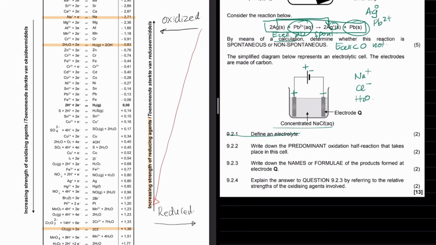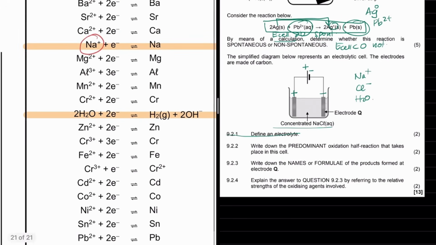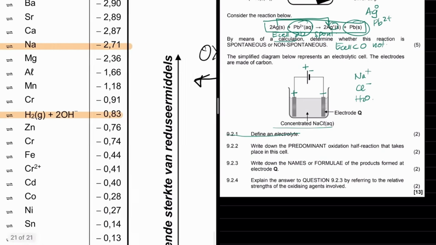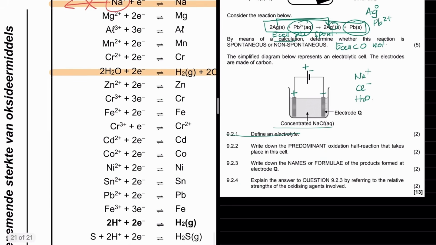So I'm going to go through each one and we're going to see, can that species undergo oxidation? Can it lose any electrons? So let's look at the Na+. Remember, oxidation is written from right to left. Can I write it from right to left? No, I can't. That can't undergo oxidation. Then I look at the H2O.